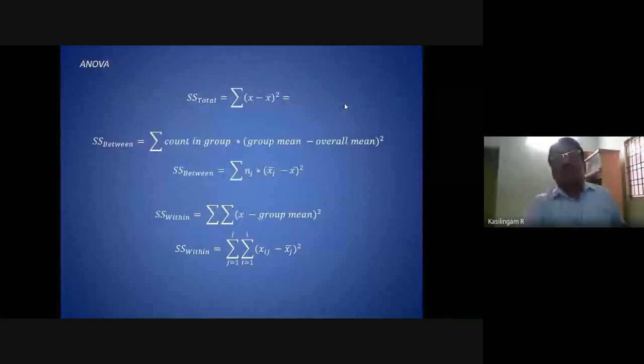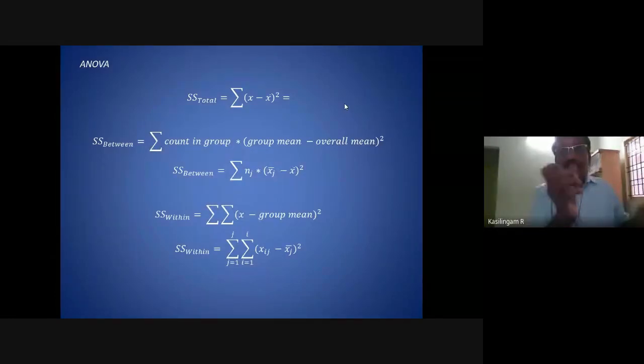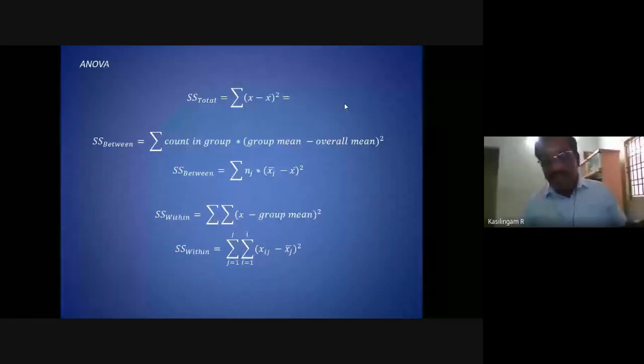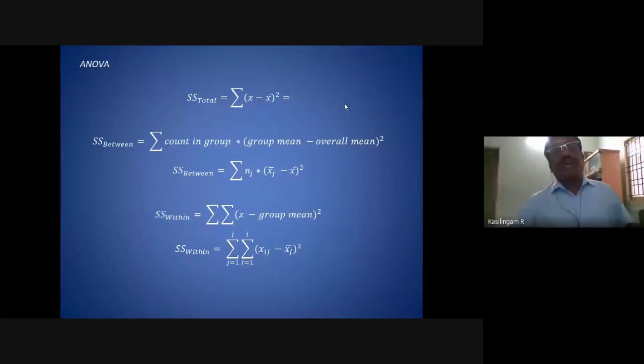Sum of, leave the sum of group mean. For example, first group mean minus overall mean, squared, so variance squared, into the number of people in that group. That is the count in that group.